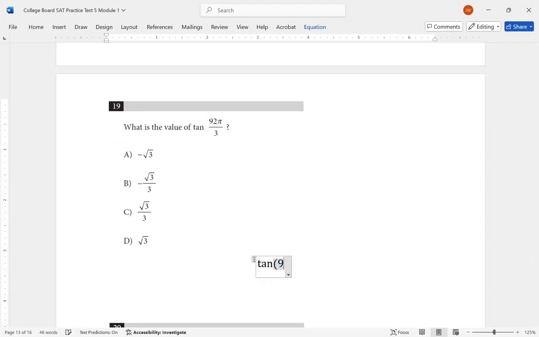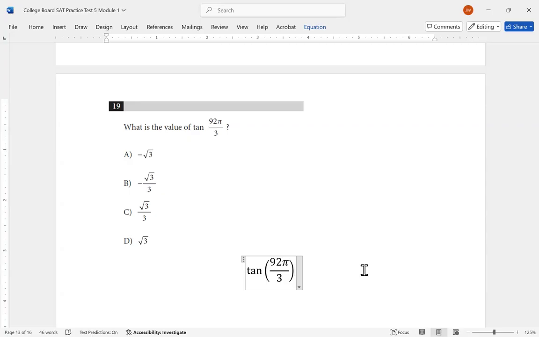I would take 92 pi over 3 and input it into the tangent function in my calculator, making sure that the mode of my calculator is in radians. Since we're talking about 92 pi over 3, that's a measurement in radians. So take tangent of 92 times pi divided by 3.